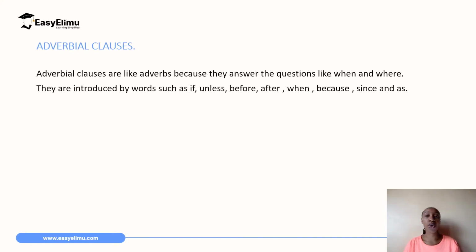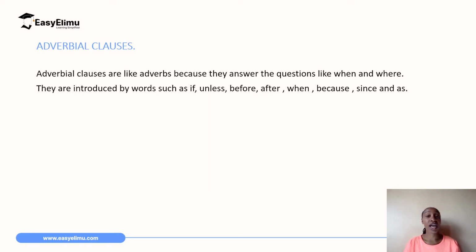So before we go into adverbial clauses, let us do a small recap of adverbs. Remember we said that an adverb is defined as a word that modifies either a verb, an adjective, or another adverb. That is what an adverb is. And there are four types of adverbs.